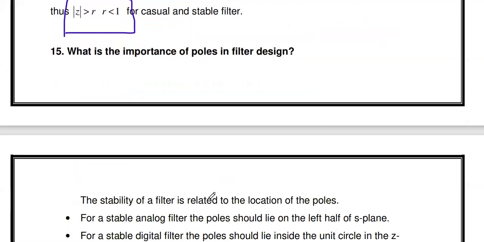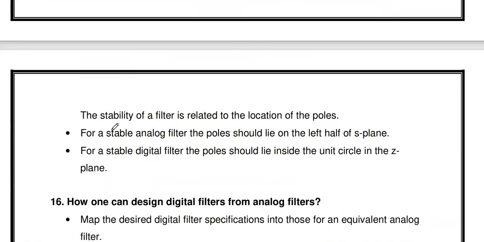The next question: what is the importance of poles in filter design? The stability of a filter is always related to the location of poles. If the poles are located in the left half of the S-plane, it is said to be a stable filter.